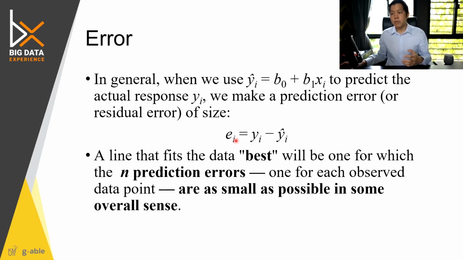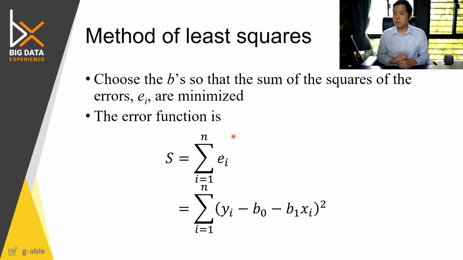So this error would be the smallest, but not just for 1 point, not just 4 points, but for all of the points that you have, for all of the data that you have. So it means that we have to calculate the sum of this error for the whole data set and form the error function.